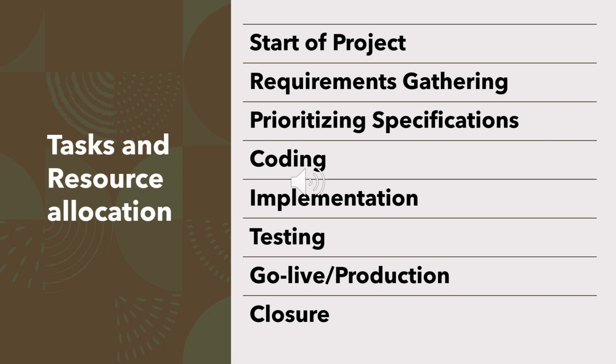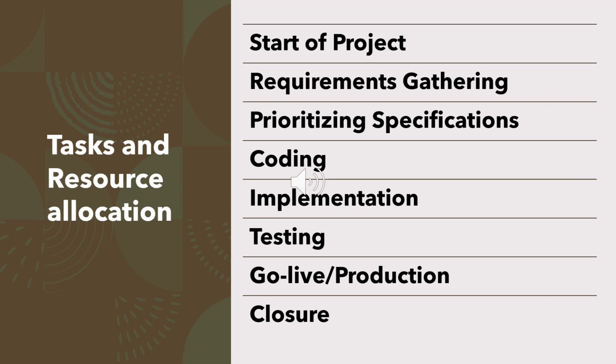The next thing is go live or production. So production implementation is nothing but putting an application in real time and implementing it in the real world, as well as solving the issues that are raised.